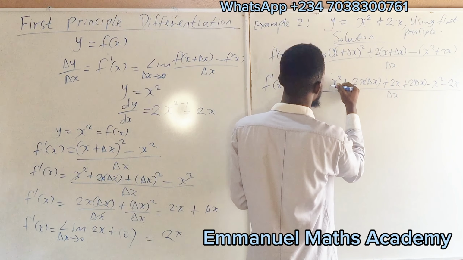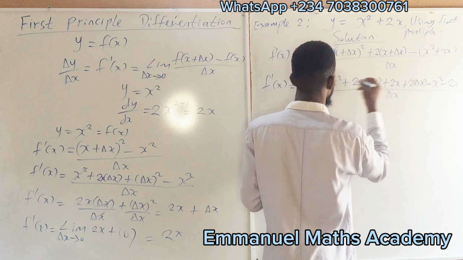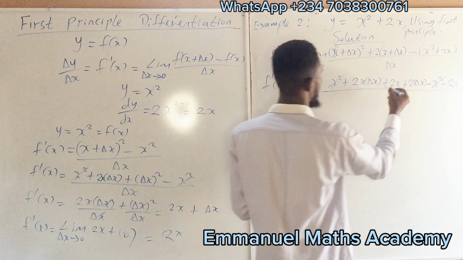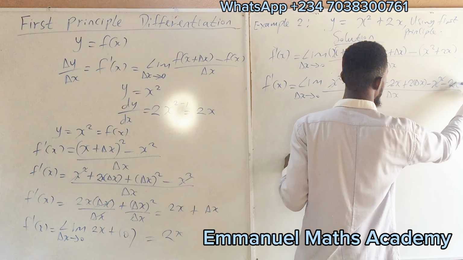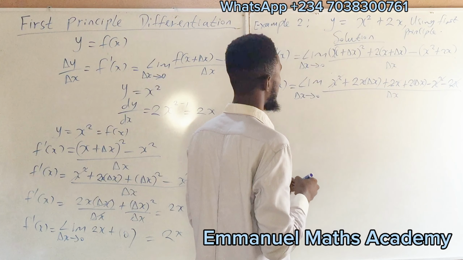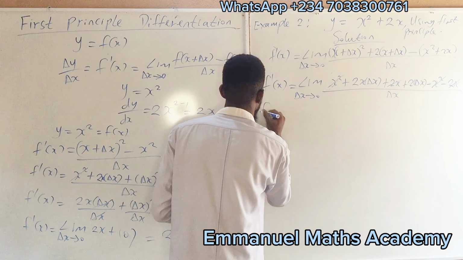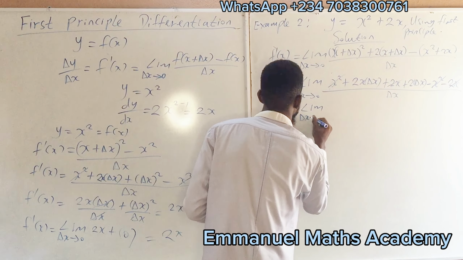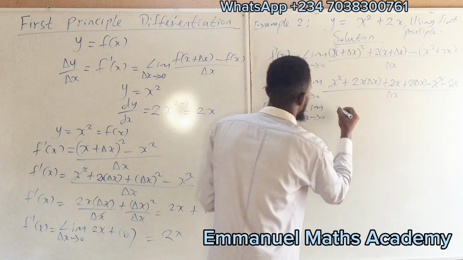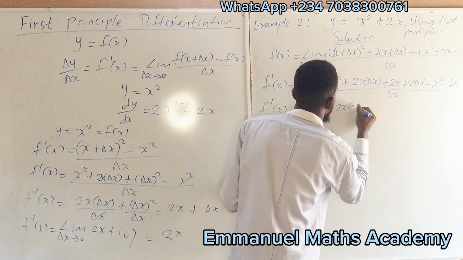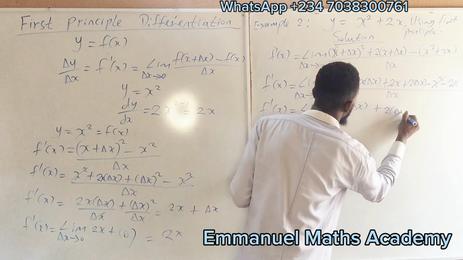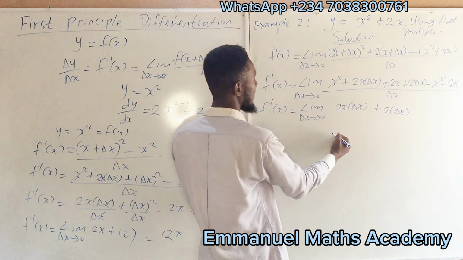So at this point, we have x squared here, we have minus x squared here. This will cancel this, right? But again, we have 2x here, we have minus 2x here, it will cancel also. Then what we have left is f prime of x equal to the limit as delta x tends to 0 of 2x delta x plus 2 delta x, right?